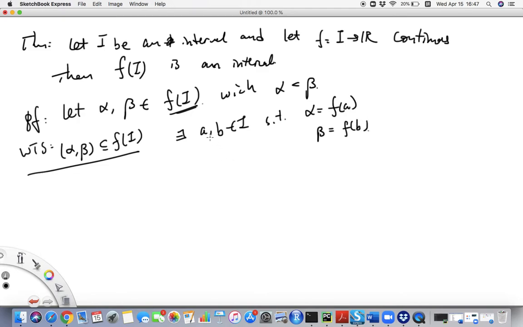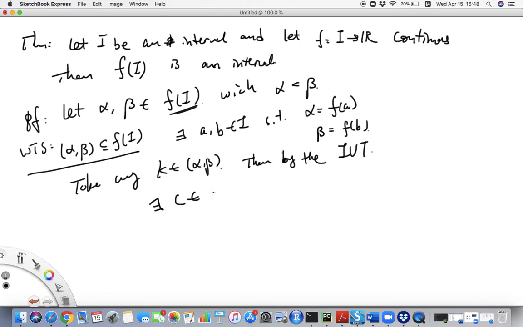Now take any k in the interval (alpha, beta), then by the intermediate value theorem, there exists a number c in I with k equal to f of c.